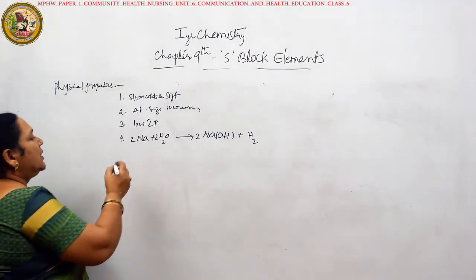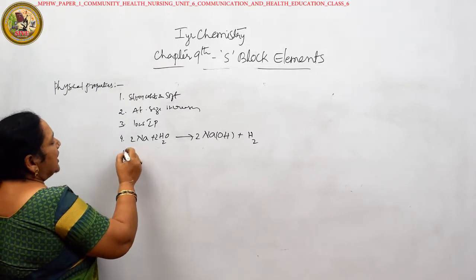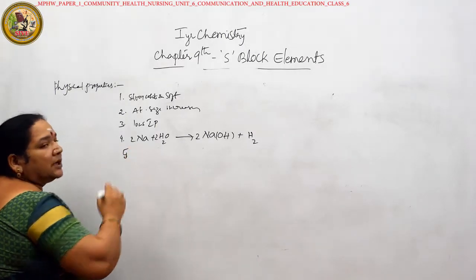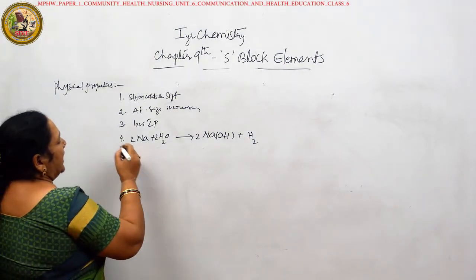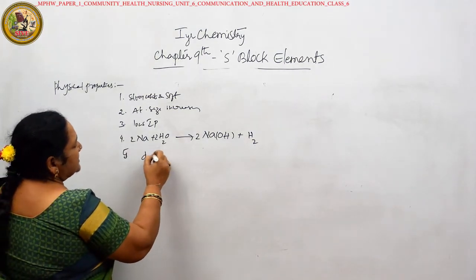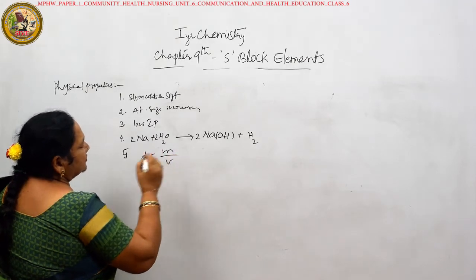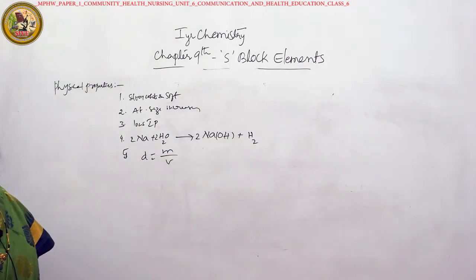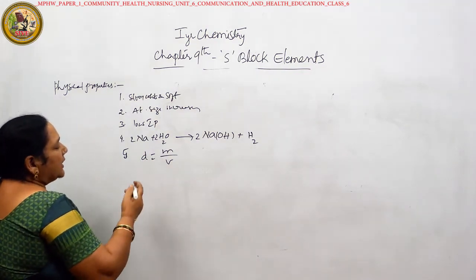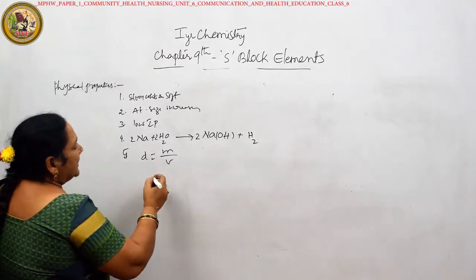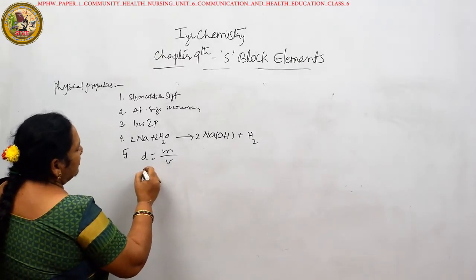And coming to their densities, density is mass per volume. With increasing atomic numbers, the densities decrease from top to bottom.